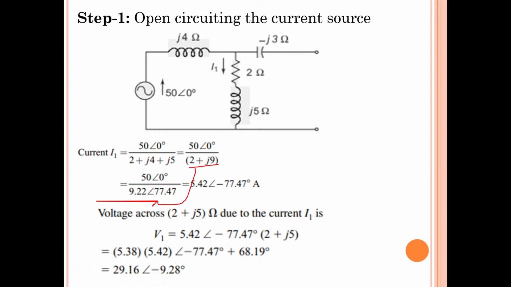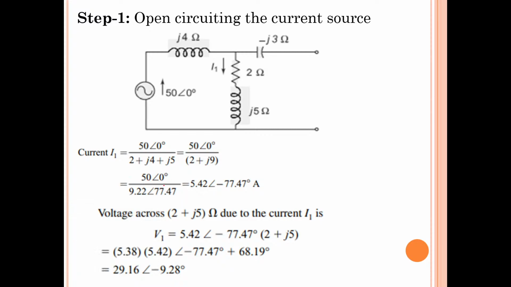I have converted the rectangular term to polar using the scientific calculator. So 2 plus j9 is replaced by 9.22 at an angle of 77.47. Now 50 divided by 9.22 gives 5.42, and the angles should be subtracted while dividing polar terms.